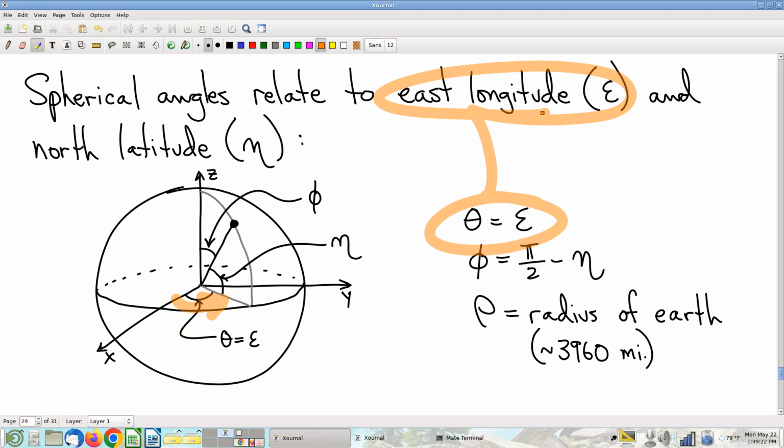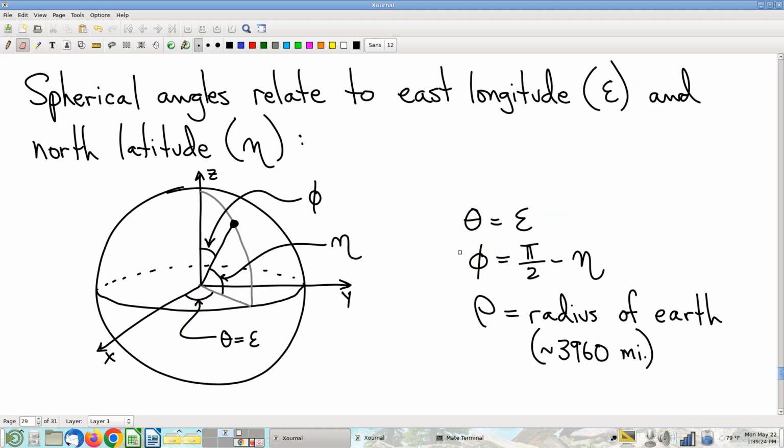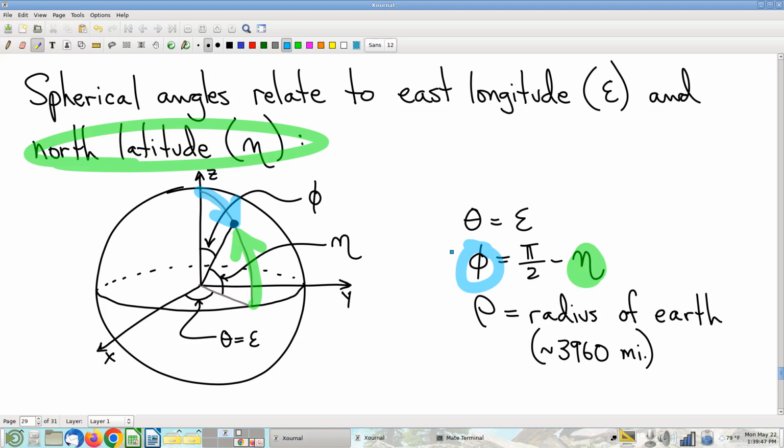Okay. So that's handy. Now, not quite so convenient for latitude. Latitude is measured upward from the equator, right? North latitude is measured up from the equator. Phi is measured downward from the North Pole, you might say.